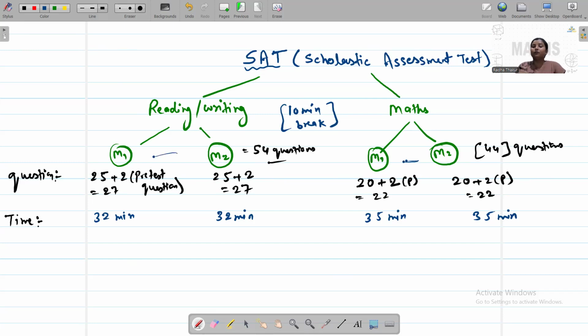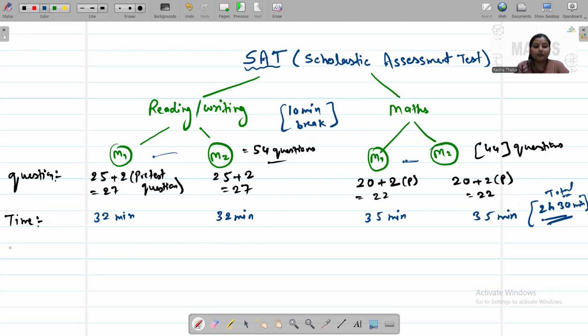So overall, if you count 32 plus 32, 35 plus 35 and including the 10 minutes break, the total time will be around 2 hours and 30 minutes. It is a 2.5 hour exam. Fine. So this is about the timing.